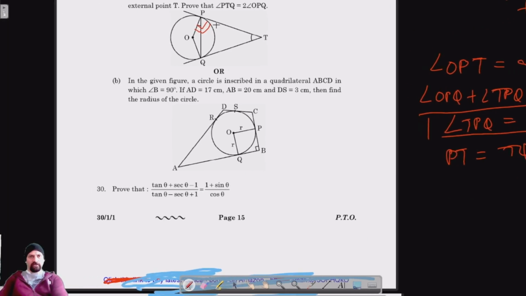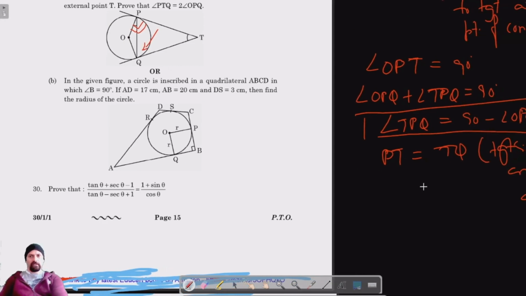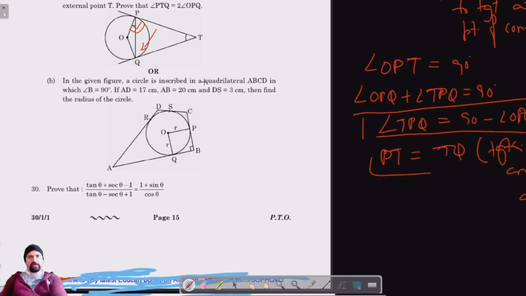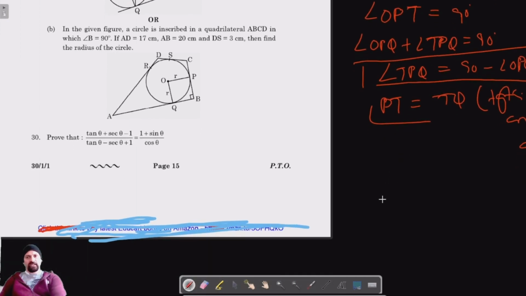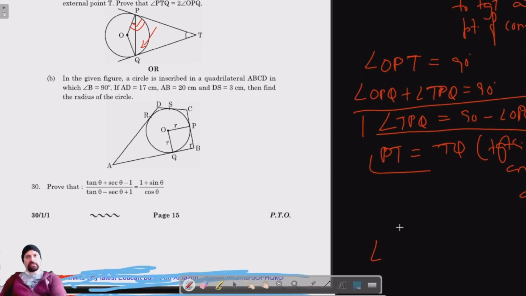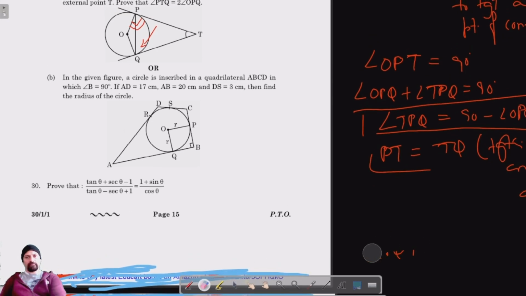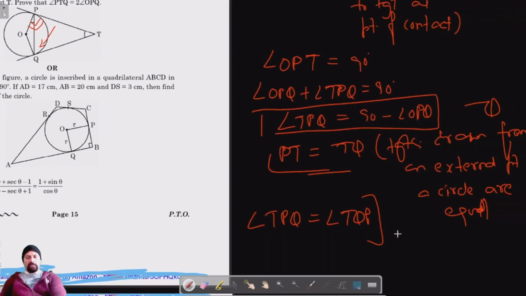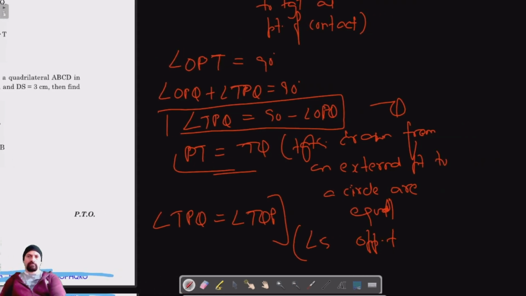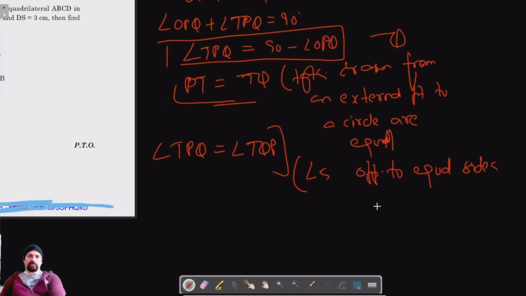So in the triangle PTQ, if these tangents are equal, that means angle TPQ is equal to angle TQP. And this is because angles opposite to equal sides are equal.